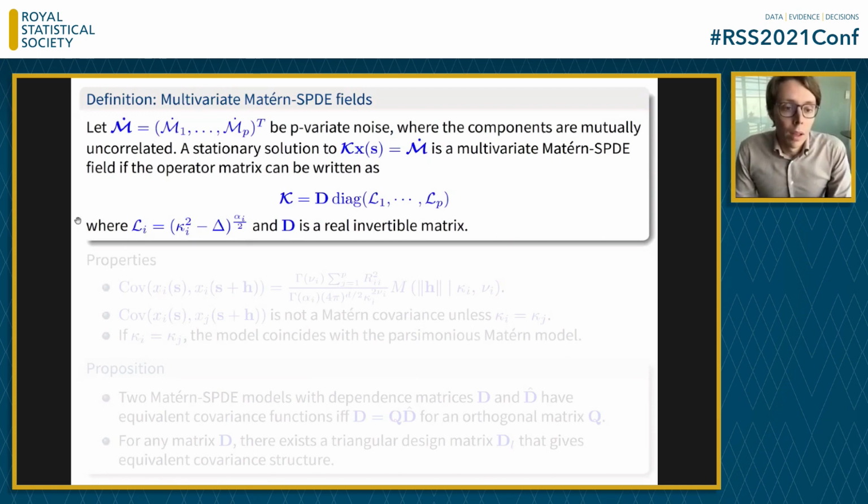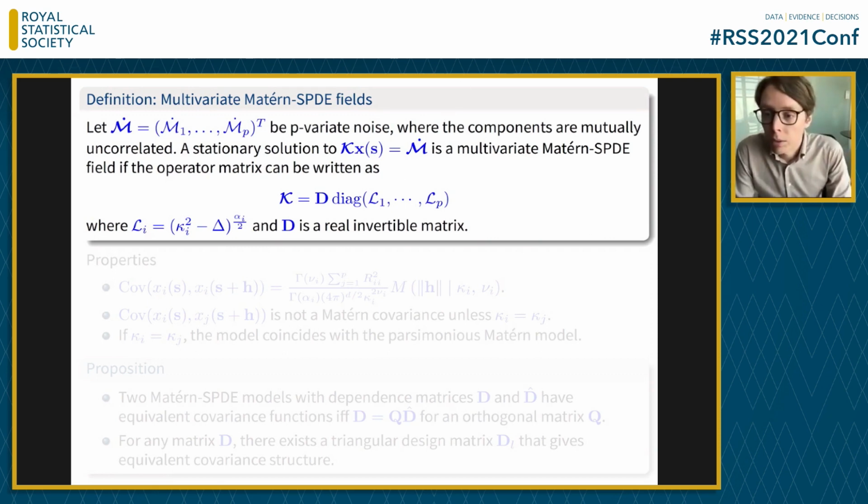So if we have a system of SPDEs of that form where the right-hand side can be some possibly non-Gaussian noise, as long as the different dimensions are mutually uncorrelated, then we say that this is a multivariate Matérn SPDE field if this matrix of operators K has a specific form, namely this form: it can be written as a real and invertible P by P matrix, if we have a p-variate random field, times a diagonal matrix with P of these Matérn type operators.